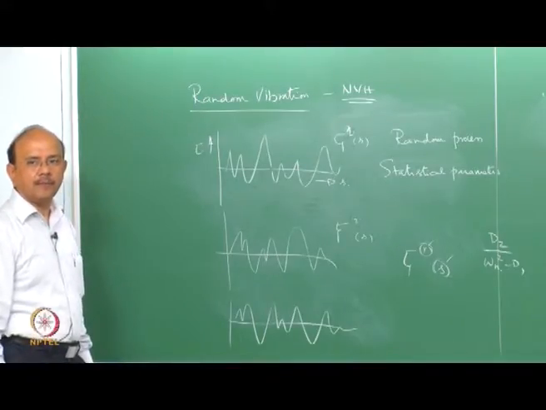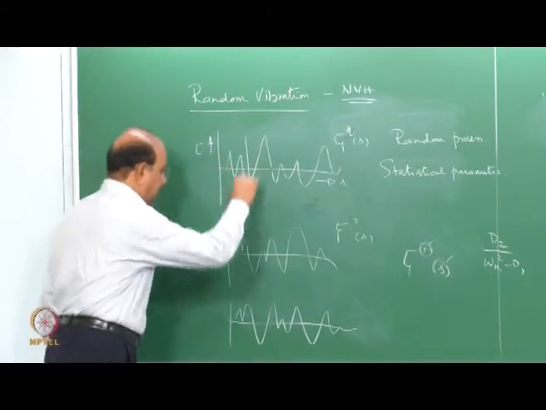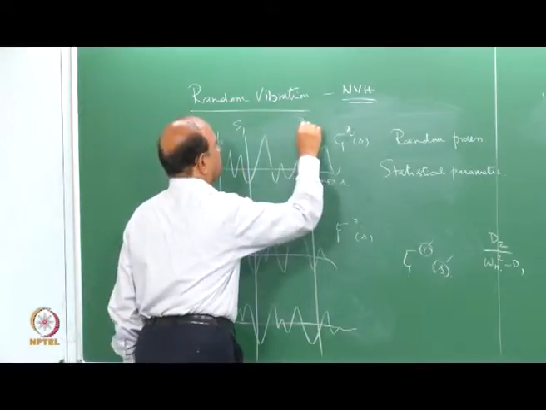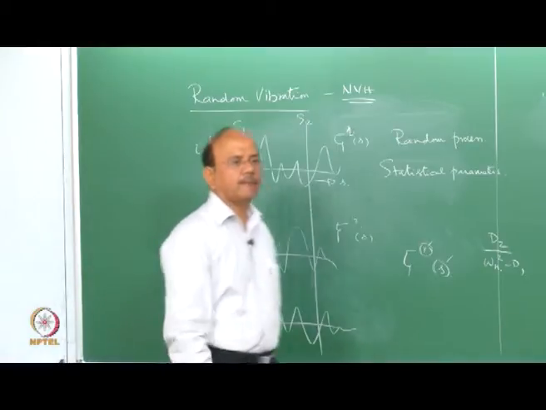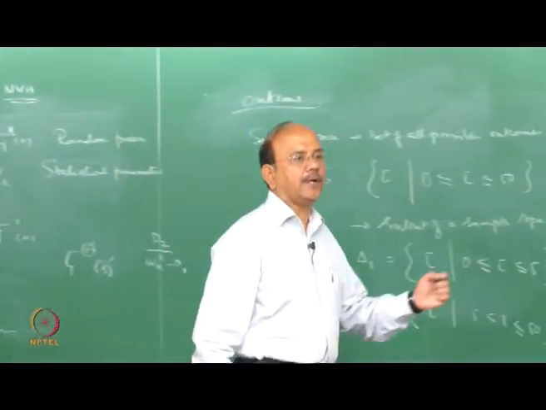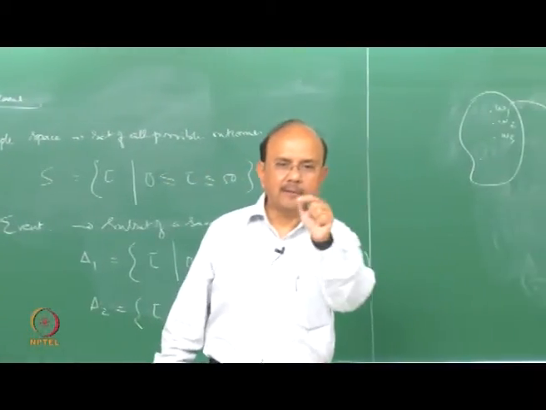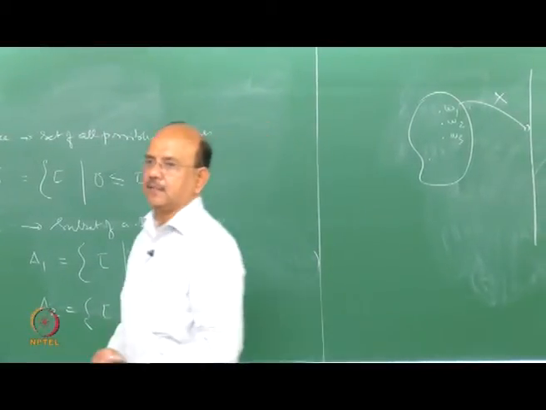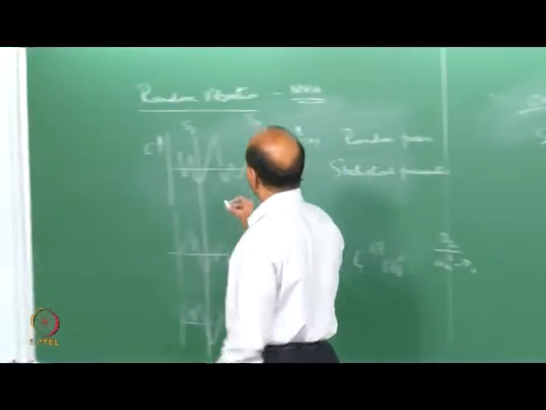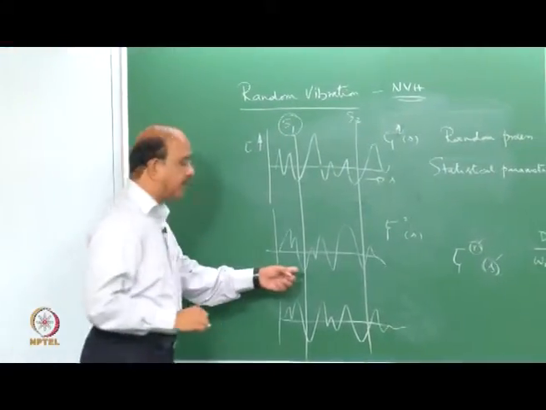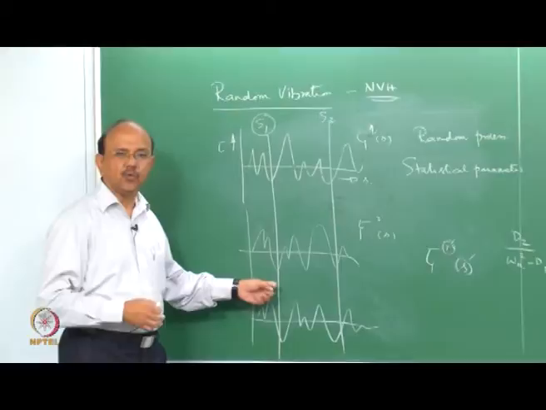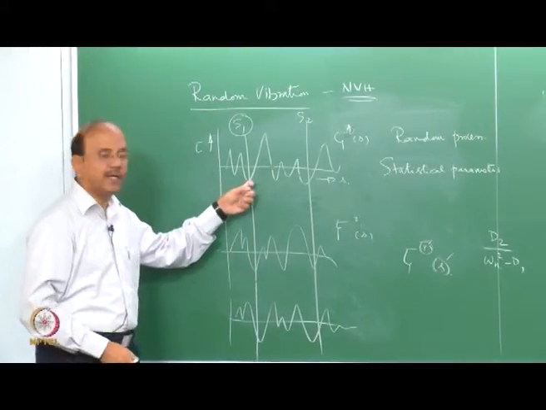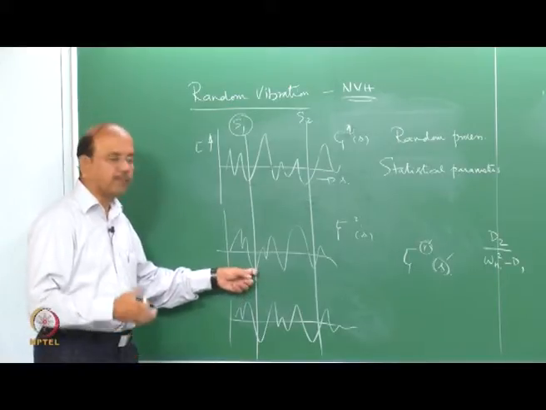And note that if I take any, let us say that is S1 and that is S2 and so on, just because I measure the surface roughness at one location, say for example if I know S1, it is not possible to predict or to say that this would be the same as S2, or 4 times S1.